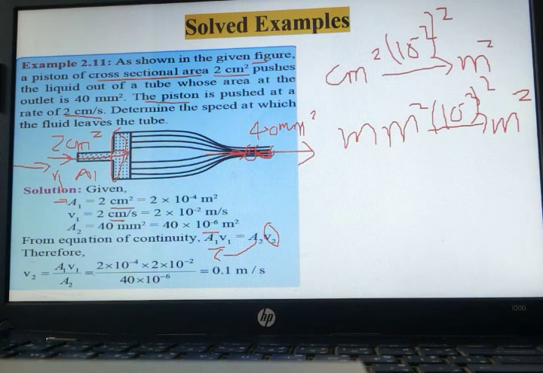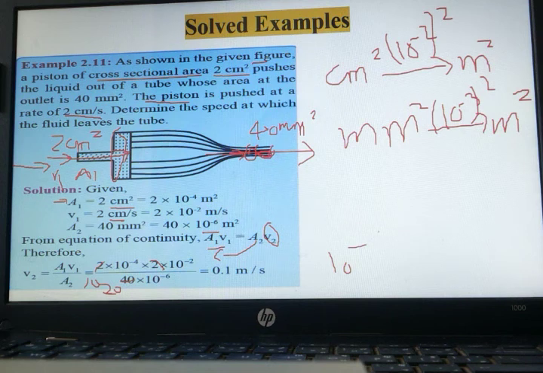We substitute the values: 2 into 10 raised to minus 4 into 2 into 10 raised to minus 2, upon 40 into 10 raised to minus 6. If you solve this, 2 how many times is 40? 2 twenties are 40 and 2 tens are 20. Now look over here, in the numerator 10 raised to minus 4 minus 2.